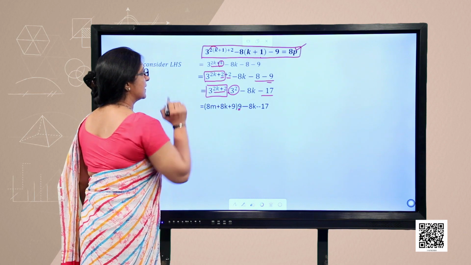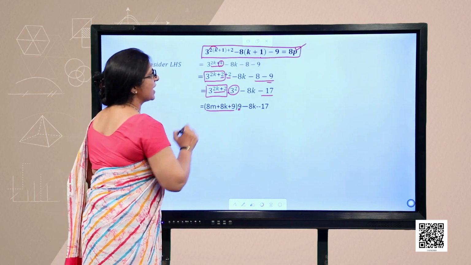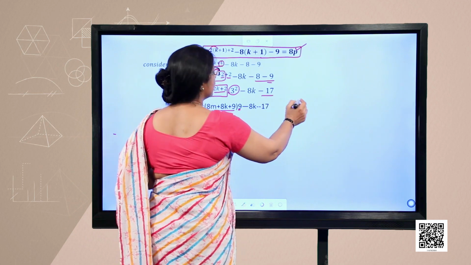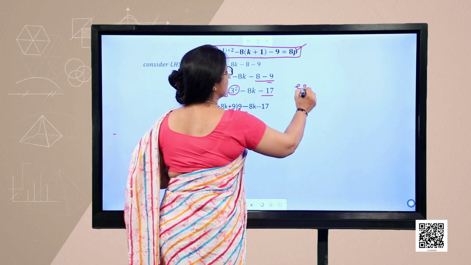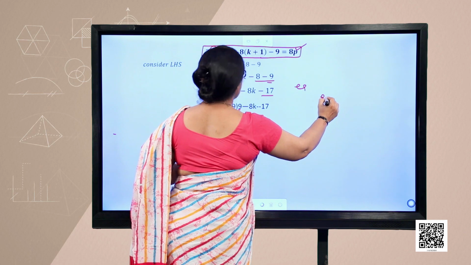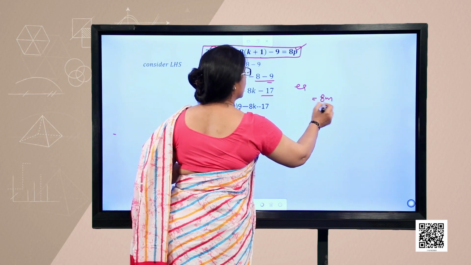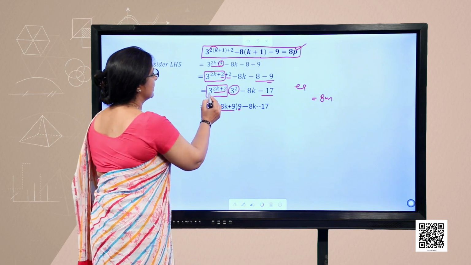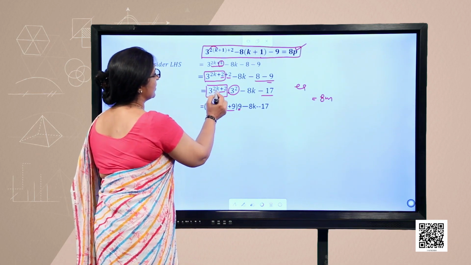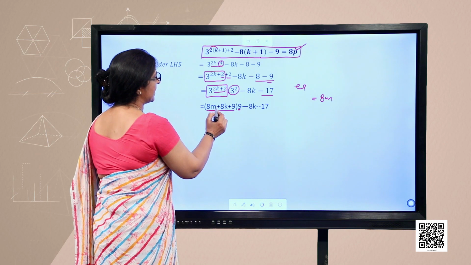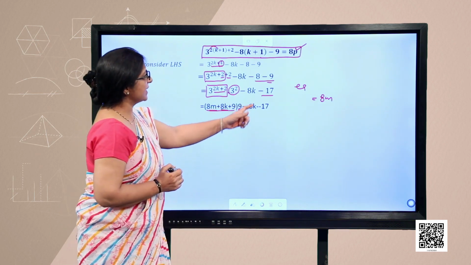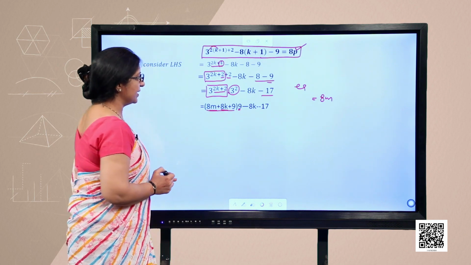This we have obtained from the previous term where we had written in equation number 1 that it is equal to 8m. After taking them on the one side, we get the expression for 3 to power 2k plus 2 is 8m plus 8k plus 9 and minus 8k minus 17.